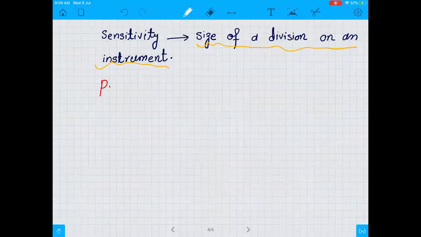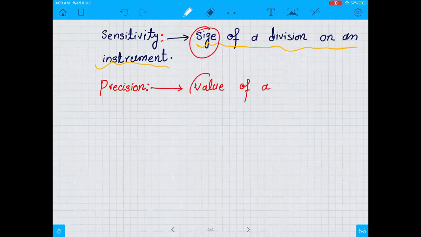However, precision is a different thing. If they ask you about precision, then precision is basically about the value of a division on an instrument. So this is the difference: this is size and this is value.